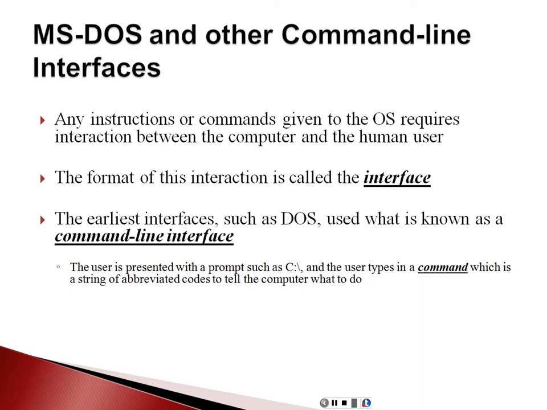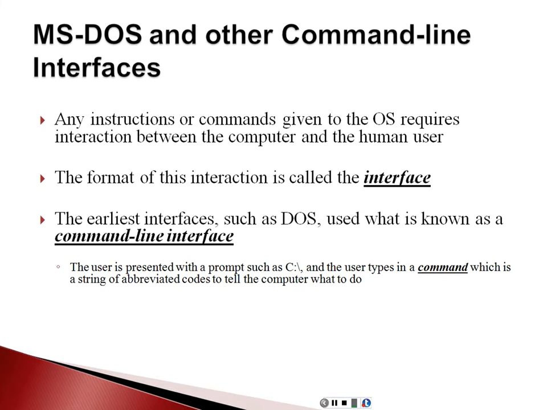So when the computer boots up, the user is given a prompt, and it's usually C:\. That's the prompt where you would type in a command. The user then types in a command. It's a string of abbreviations to tell the computer what to do. So if you're using a command line interface, there is none of the point and click and clicking on pictures. There are no pictures.